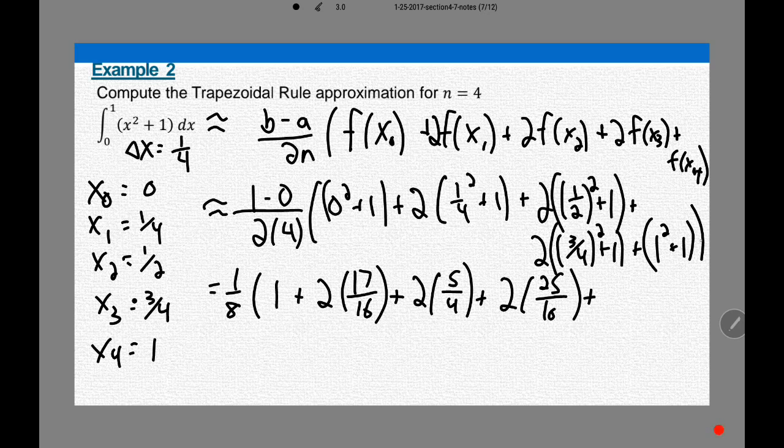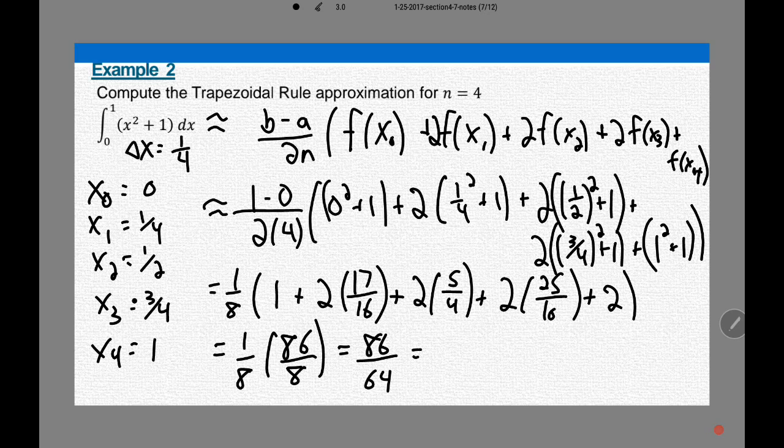And then 1 squared plus 1 is 2. So when we add all these up together, we get 1/8 of 86 over 8, and that equals 86 over 64, which is 43 over 32, and it's approximately, as a decimal, 1.34375. So you can see it's a little bit closer than the other one was.